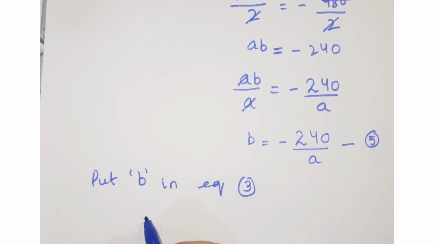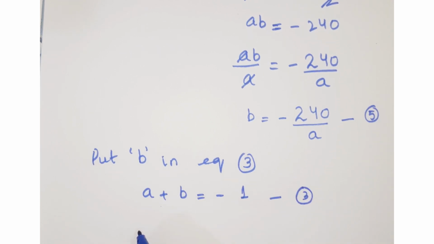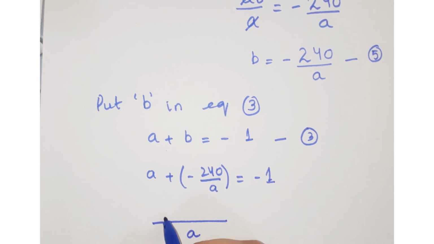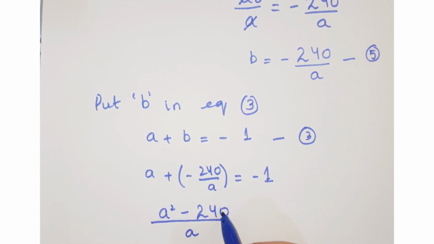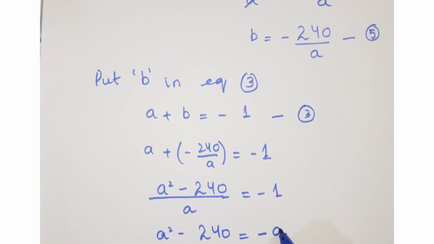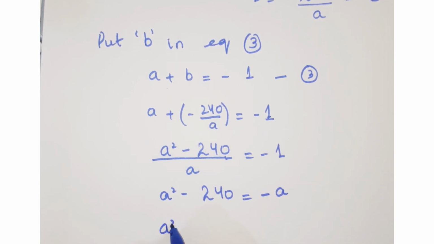Equation number 3 says that a plus b is equal to minus 1. Putting the value of b here, taking LCM, this is a square minus 240 is equal to minus a. Just move this a to the right hand side. Further you get a square plus a minus 240 is equal to 0.